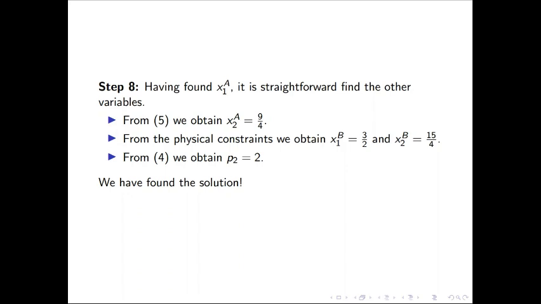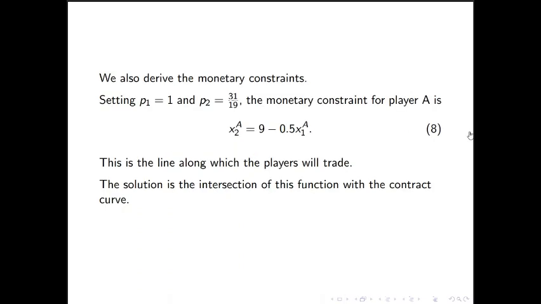Then, having found x1a, we just go back to the previous equations that we used to find the other variables, x2a, x1b, x2b, and from equation 4 we get the price of good 2, which is 2. So we have the whole solution. We can also derive the monetary constraints.